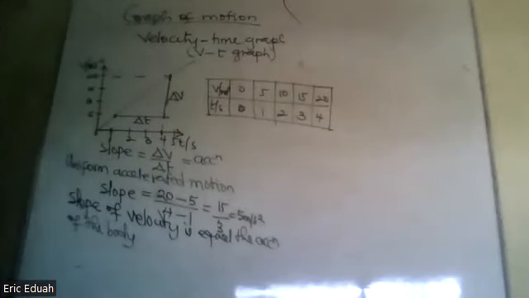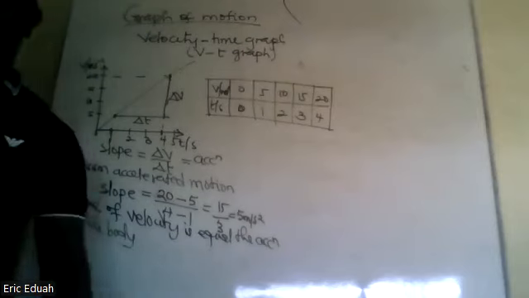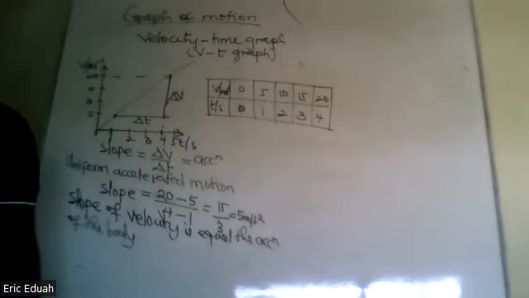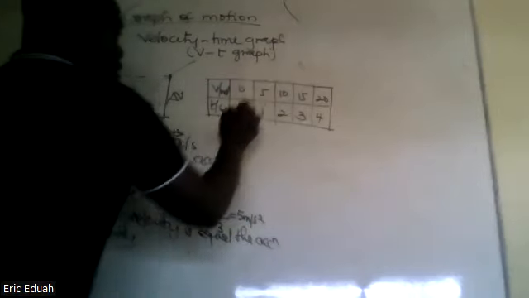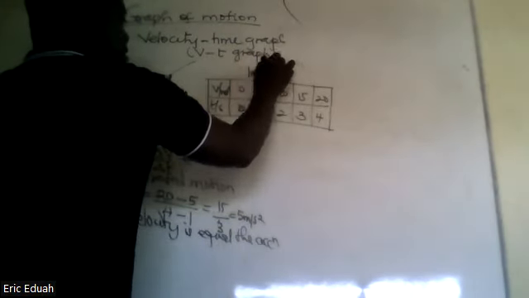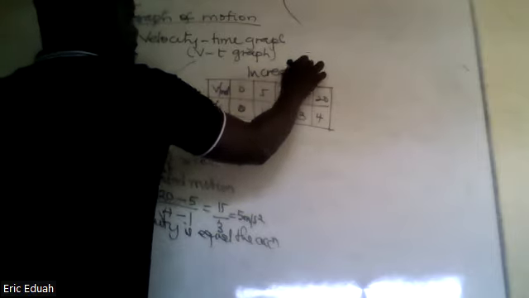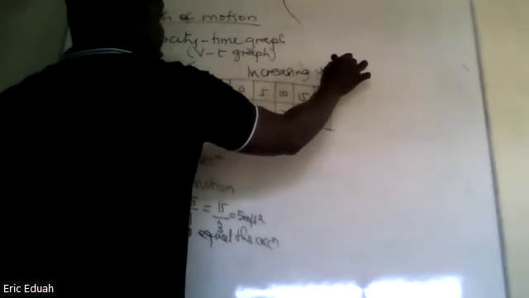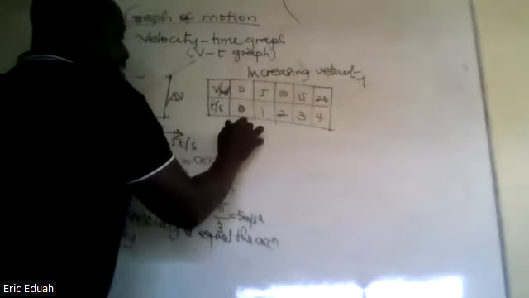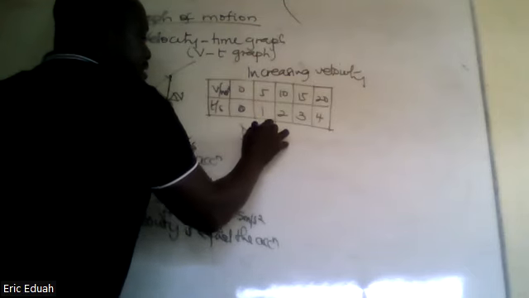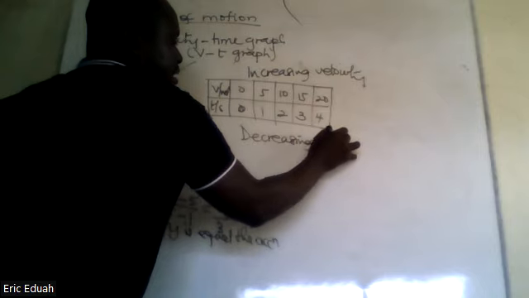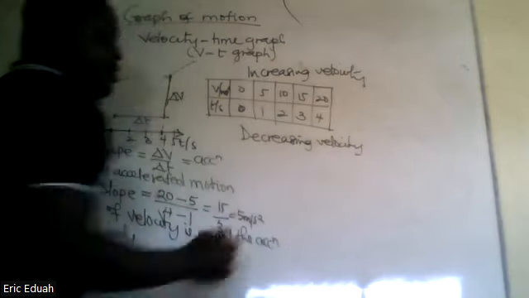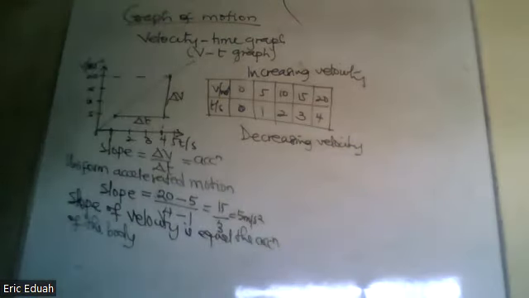Let's look at a situation where the velocity is decreasing within equal intervals. So this is increasing velocity. Let's look at decreasing velocity with time, but the decrease is within equal intervals.